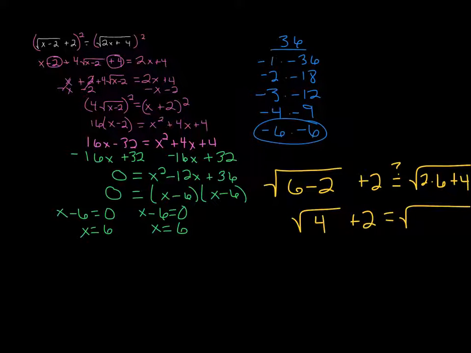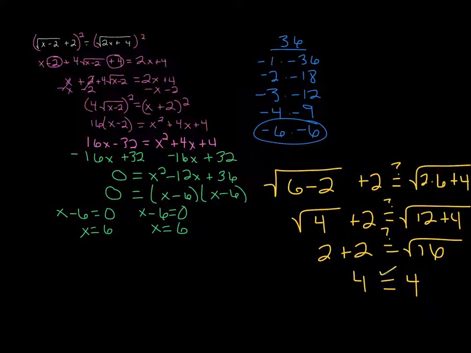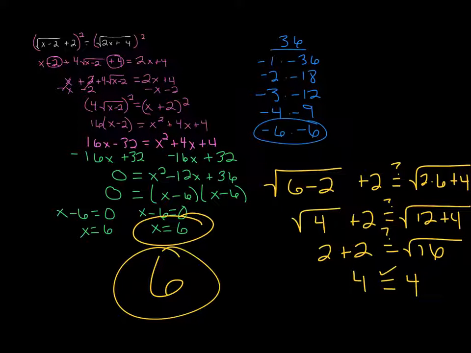And then 2 times 6 is 12 plus 4. Square root of 4 is 2. 12 plus 4 is 16. 2 plus 2 is 4. Square root of 16 is 4. So that does check. So we have a solution of 6.